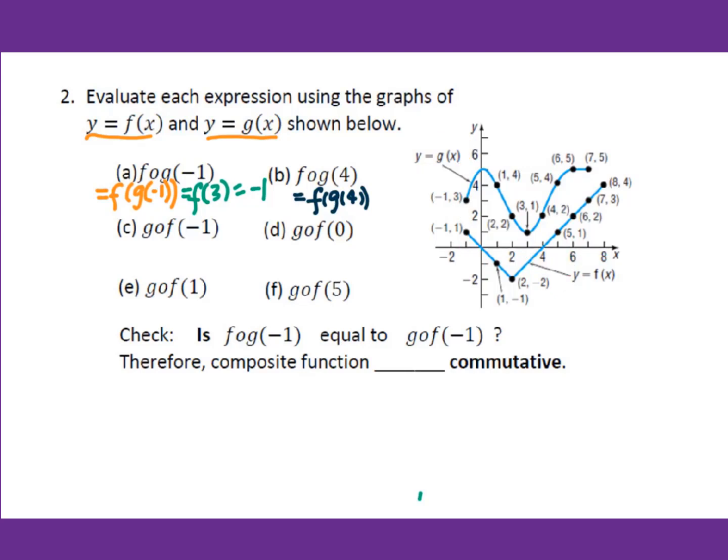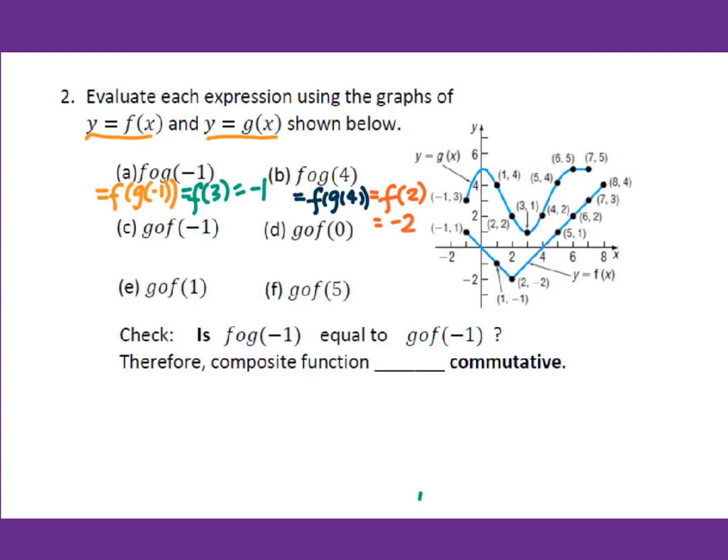For g of 4, we find the 4, draw the vertical line passing through the g function, and that equals 2. So f of 2. Then you find the 2, draw a vertical line to pass through the f function, that equals negative 2.